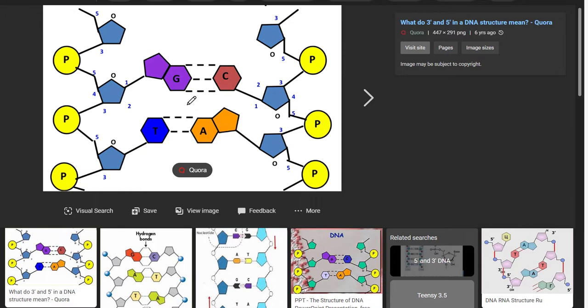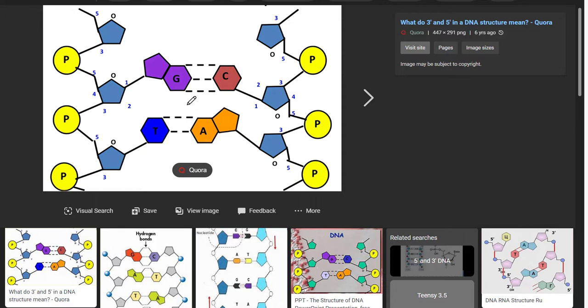All the carbons in the nucleotide are numbered, in this case starting with carbon number 1, 2, 3, 4, and then there's carbon number 5 that's just outside the ring, and that carbon number 5 links the sugar to the phosphate. So if we go up this strand on the left here, we notice that the sugars are going in the direction from 3 to 5.